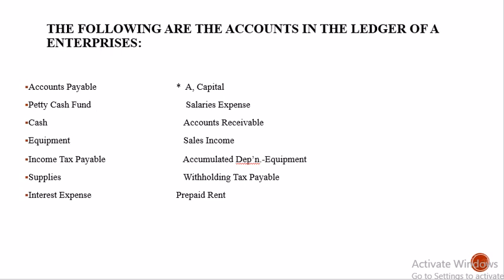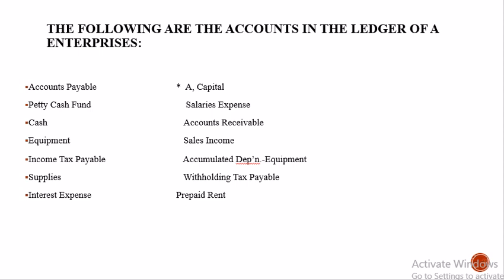Supplies. Ano yung supplies? Yung mga nandyan sa atin, yung mga supplies. So, that is assets. Interest expense. Ang interest expense natin ay nasa salitang expense kung saan expense. How about capital? A capital is equity.